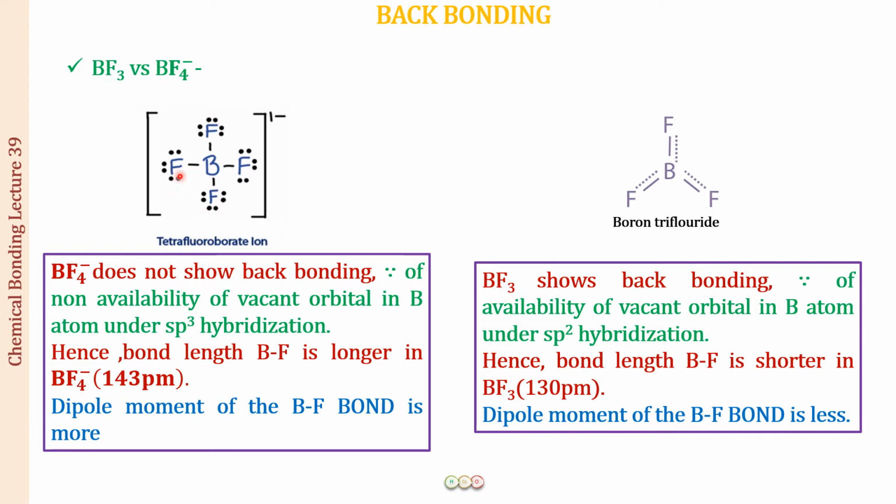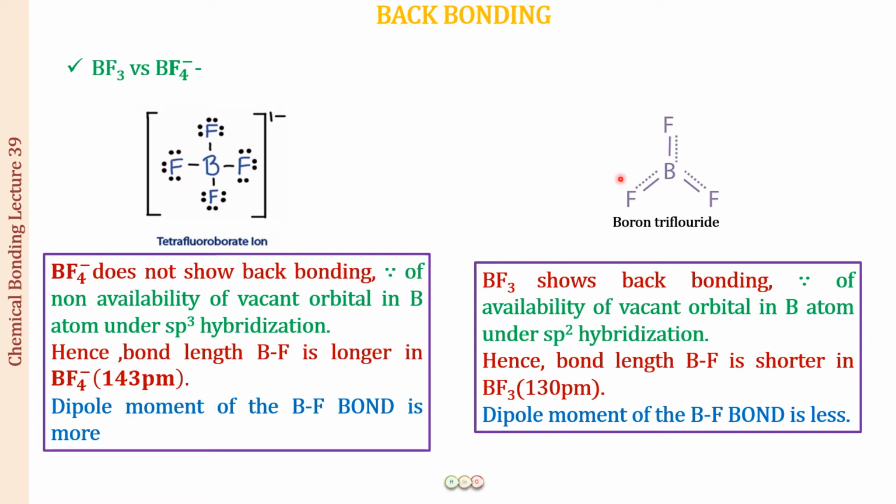Now this is all sigma bonds, so there is going to be no partial double bond character. Hence the bond length of the B-F bond is going to be longer in BF4 negative in comparison to the bond length in BF3. Alright, so the B-F bond length is shorter in BF3 in comparison to BF4 negative.